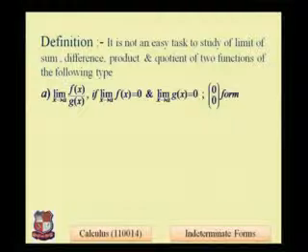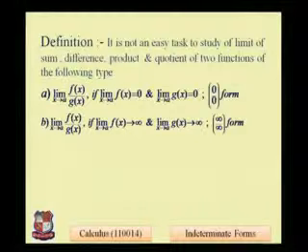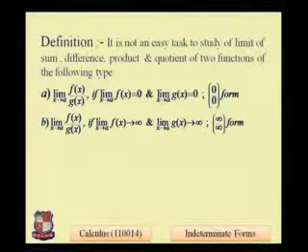First type is, if we take any quotient function f(x) upon g(x) when x tends to a, if f(x) tends to 0 and g(x) also tends to 0, then we have 0 by 0 form. If limit x tends to a, f(x) tends to infinity and g(x) tends to infinity, then we have infinity by infinity form.